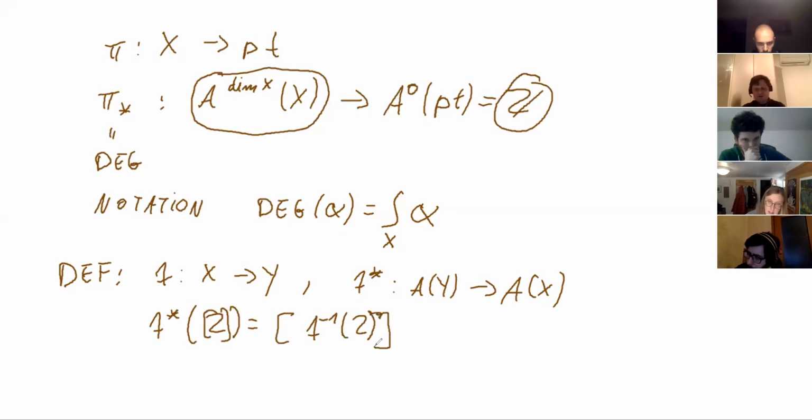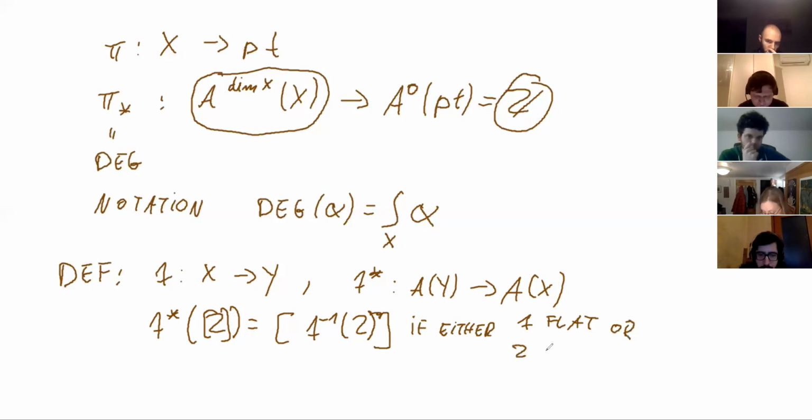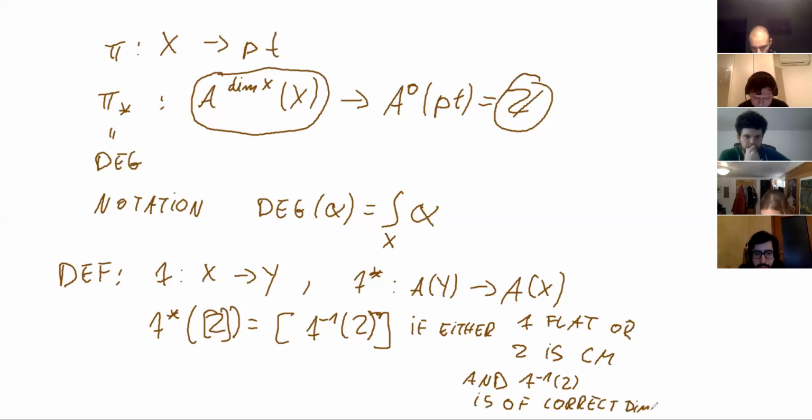If very, very weak assumptions are satisfied, so either f is flat. If you don't know what f flat means, don't worry too much. It just means that the fibers are not very different. Or actually when Z is Cohen-Macaulay and f inverse of Z is of correct dimension. So what do I mean by correct dimension?